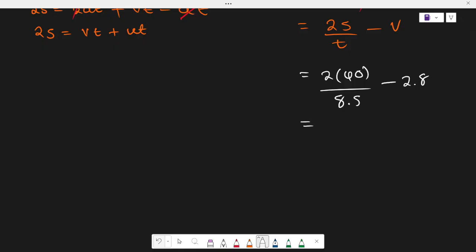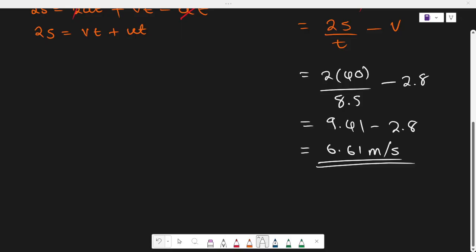Once we carry out that calculation, we find that we have 9.41 minus 2.8. This will give us a final value of 6.61 meters per second as our original speed before we started slowing down. And that's how you go about solving this question. As I always say, simple and straightforward.